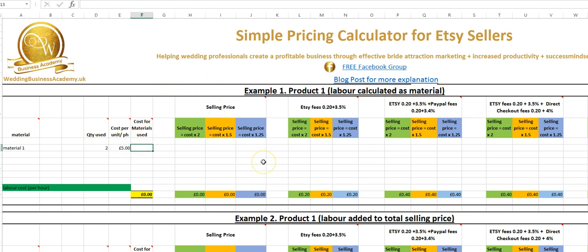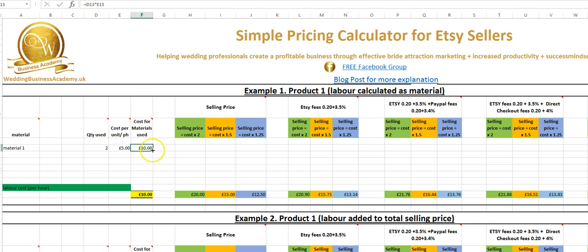If the formula is missing in your spreadsheet, just like it is here, all you need to do is type equal, then click on this one, add the little asterisk sign, and click on this one. So this is a multiplication formula. This one times this one is equal to your cost of material used.